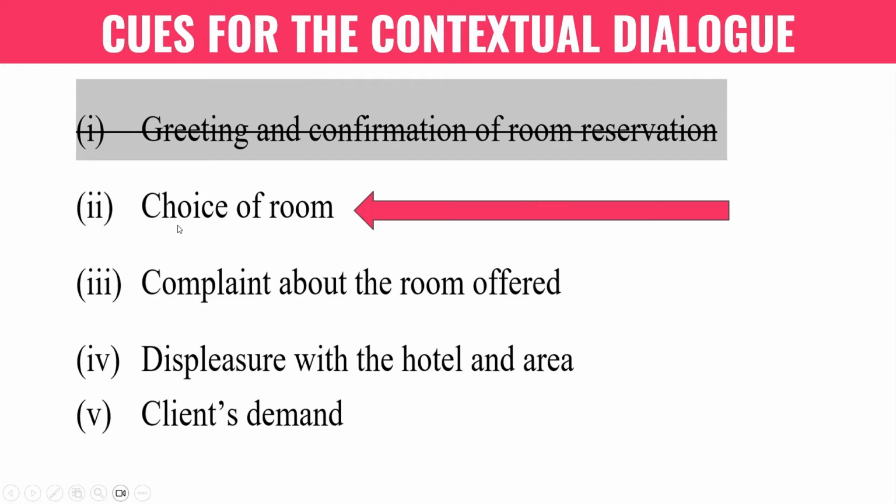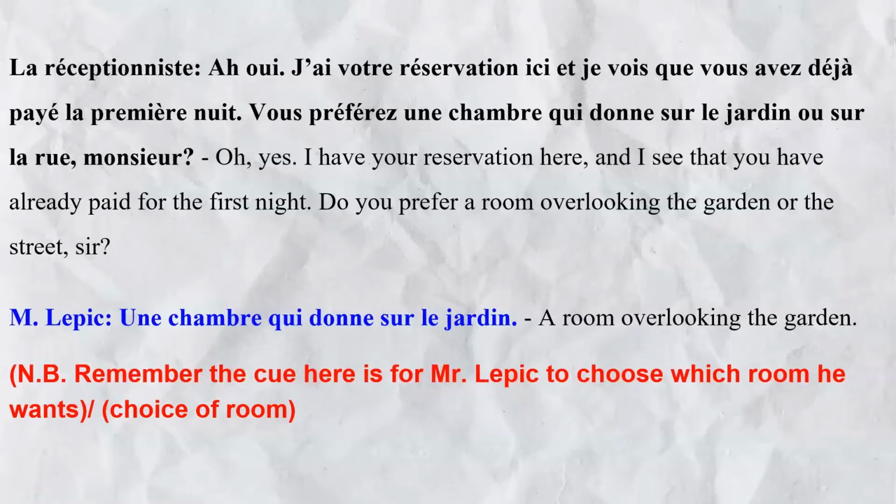So the next bit of information that you need to include in the dialogue is choice of room. So here we put Monsieur Le Pic's response. Une chambre qui donne sur le jardin. A room overlooking the garden.